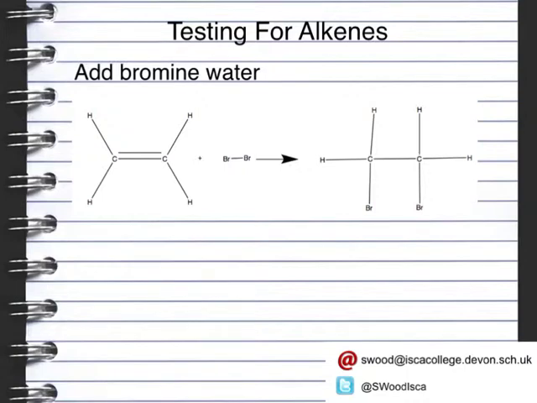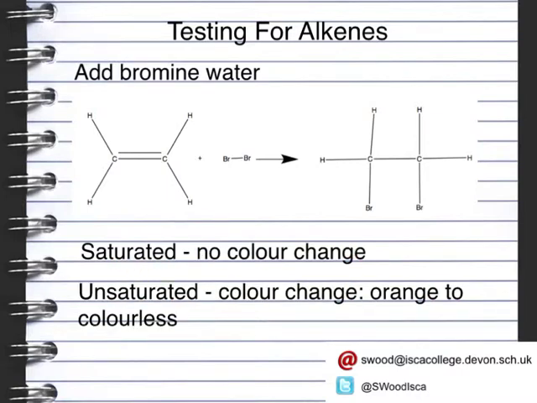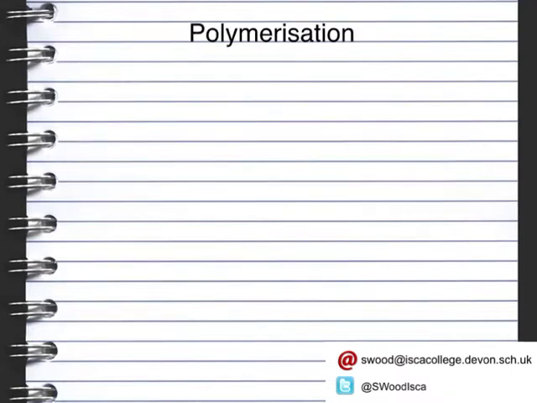Because we've no longer got this bromine, we no longer have the colour of the bromine. So to summarise, if you have an alkane which is saturated, there'll be no colour change. And if you have an unsaturated, which is an alkene, then it will go from orange to colourless, so you do have a positive colour change.